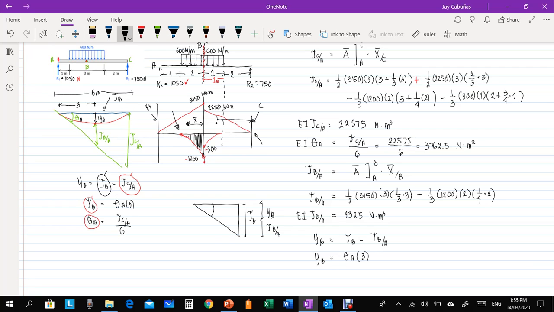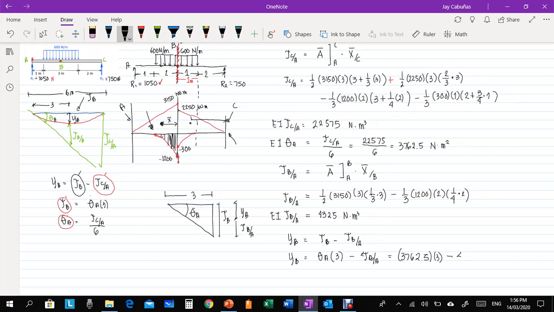Okay, since we know theta A here, and this length here is 3 meters, that is theta A times 3 minus the deviation of B relative to A. Okay, so we have theta A equal to 3762.5 times 3 minus BA, which is 4325. Right? This is the value.